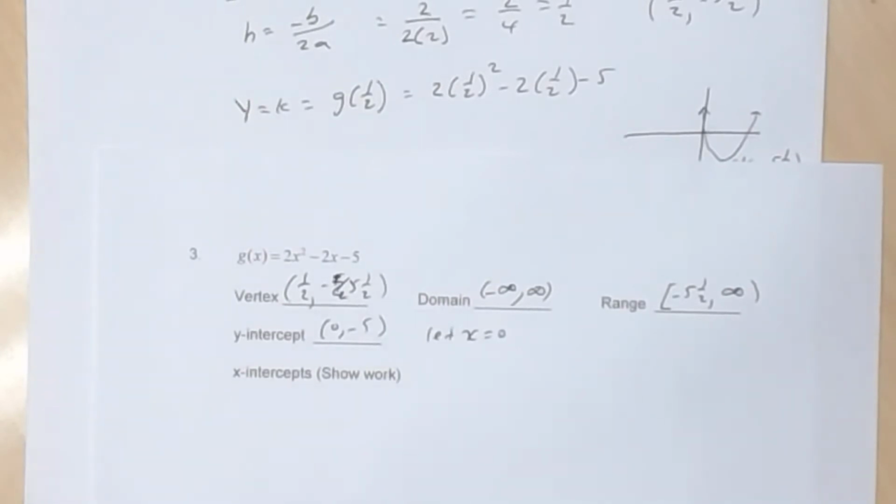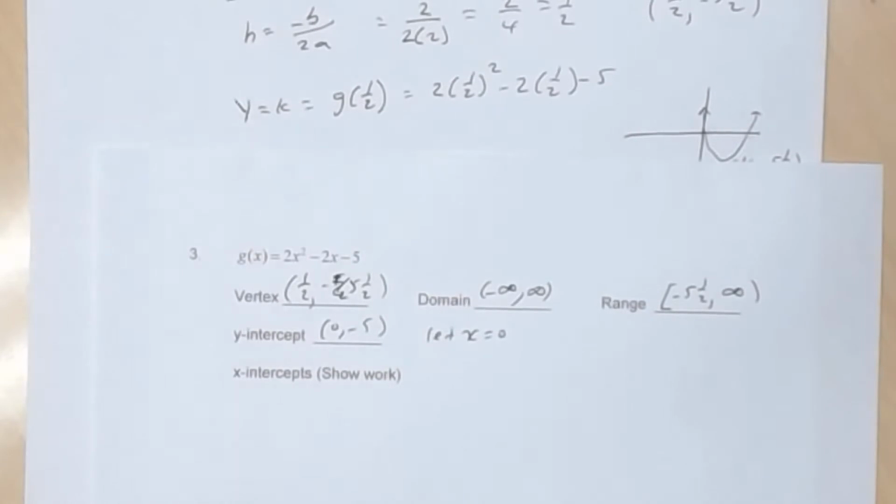Okay, now let's go and start graphing what we know so far. I think I can go ahead and use a smaller graph, so let me get a smaller graph here, and we're going to plot those points.